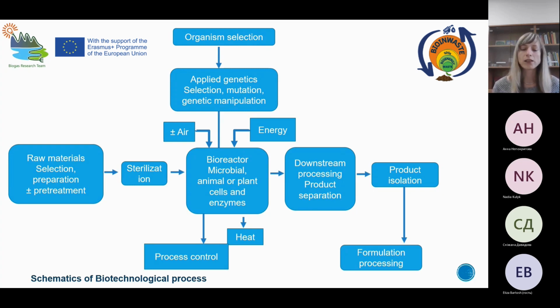And of course, we have the stage of downstream processing, product separation. That means these products can be in a suitable form to provide to the market. So it's very important, and at this stage we have some basic stages that are involved in different biotechnological processes.